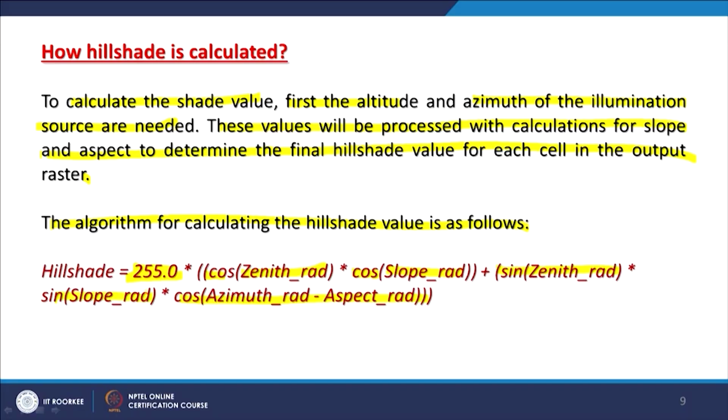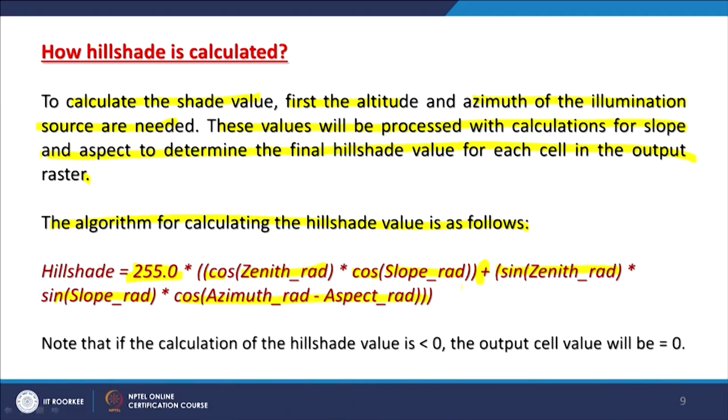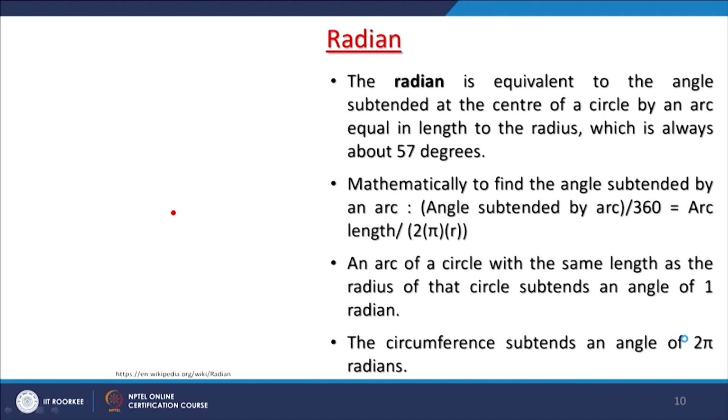So, everything is being multiplied except here you are having the plus sign. Once that is done for both directions, if the calculation of the hillshade value is less than 0, the output cell will be 0.